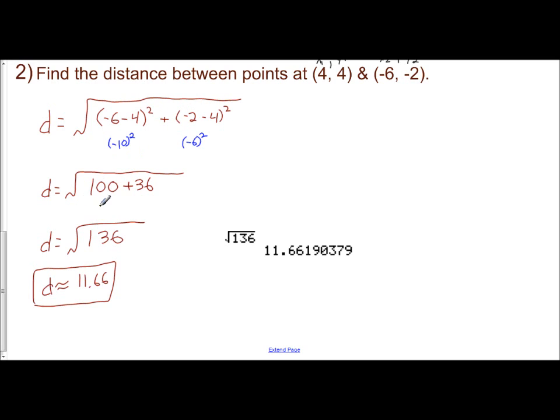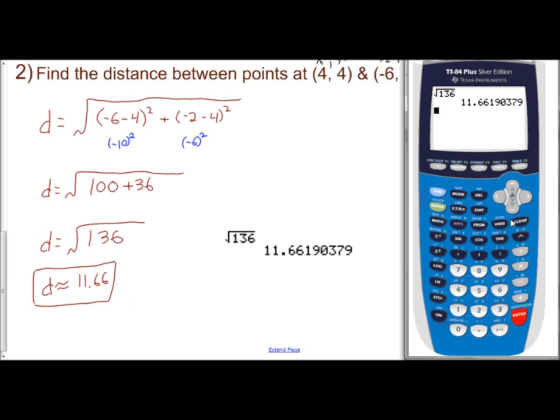And I'll pull up the calculator and show you why, as one little warning before we go. By putting the parentheses around the -10 and then squaring it, I am following order of operations. I'm taking -10 and squaring it, so I do my exponent first. -10 squared is a positive 100.